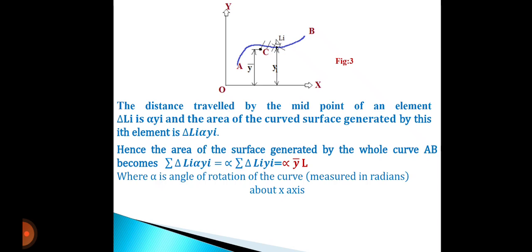Hence, the area of the surface generated by the whole curve AB becomes the summation of delta Li alpha yi, that is alpha summation of delta Li yi, which equals alpha y bar L, where alpha is the angle of rotation of the curve measured in radians about the x-axis.